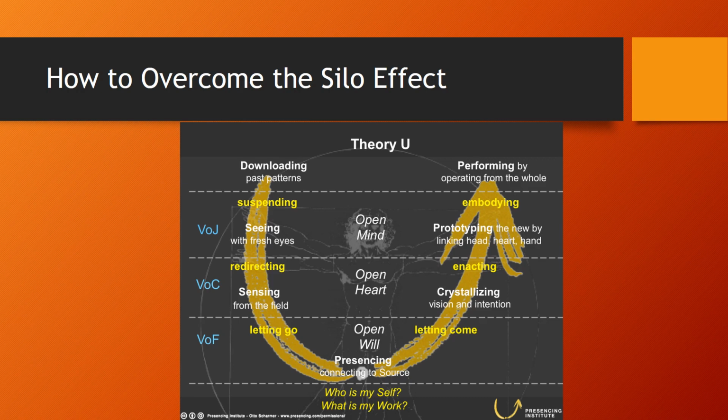Well, then you get to this idea here of presencing. And at that point, that's when the collaboration begins. And that's when you begin to allow for new ideas to come. This is when, and again, you'll notice you're coming up on the right side of Theory U, and now, okay, maybe there's this idea, and you push back, and then they push back, and collectively, synergy begins to take place.